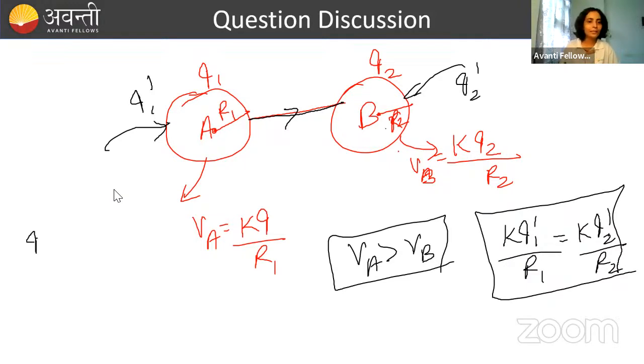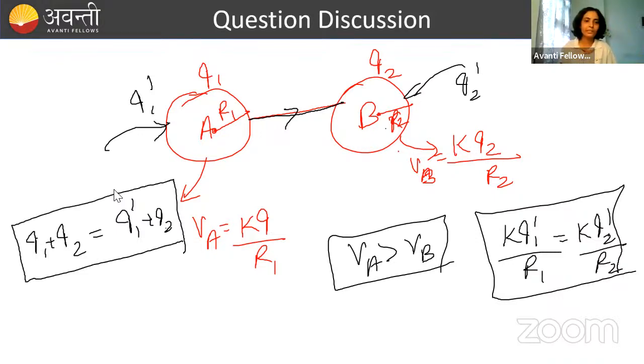So initial total charge was Q1 plus Q2. Final total charge is how much? Q1 dash plus Q2 dash. And this is not going to change, है ना, क्योंकि चार्ज एक से दूसरे पे जा रहा है. It's not going anywhere else. So the sum of initial and final charges on both the spheres will be the same. So first equation is this and second equation is this.